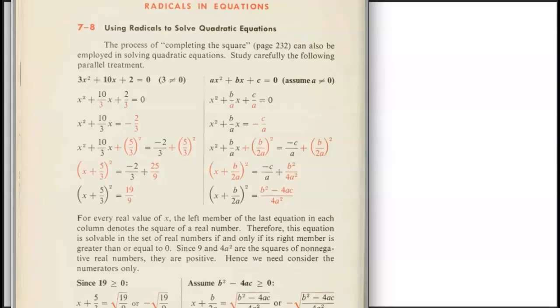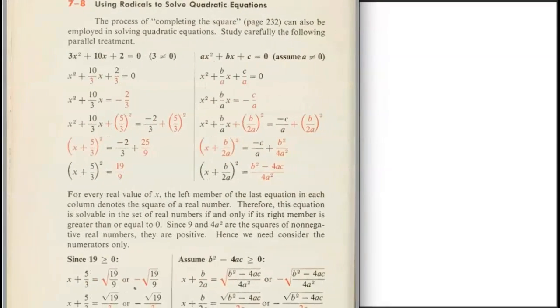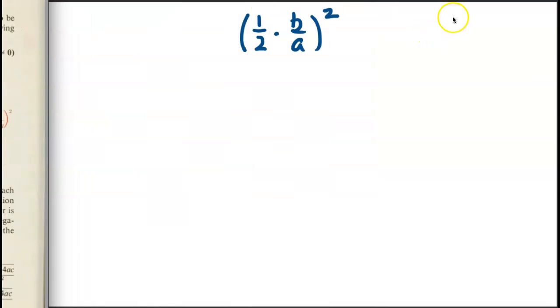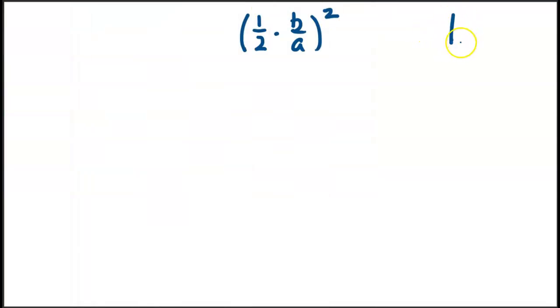I'm going to have to move this out of the way. Our magic machine is that we take 1/2 times b over a, and that's squared. Okay? So notice, whoops, I wanted to write that so it was still visible, right? Let me try it again. 1/2 times b over a, squared. This is what I call the magic machine.